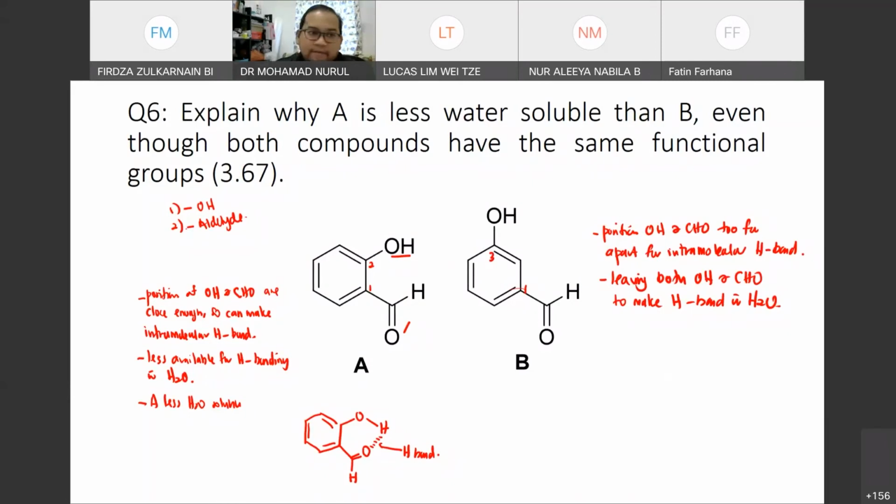Leaving both functional groups with a higher possibility to make a hydrogen bond with water. Yes, it's the carbon limits. Check again in the lecture notes, they have carbon limits in water solubilities.